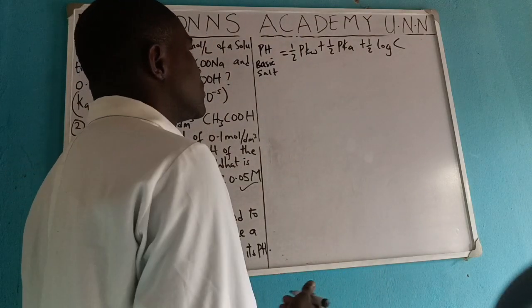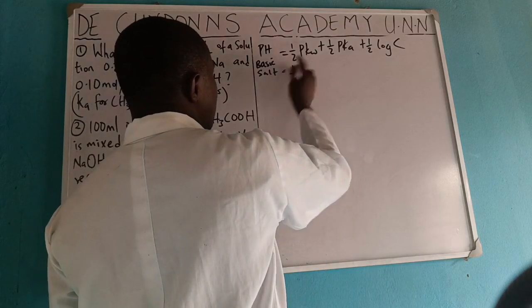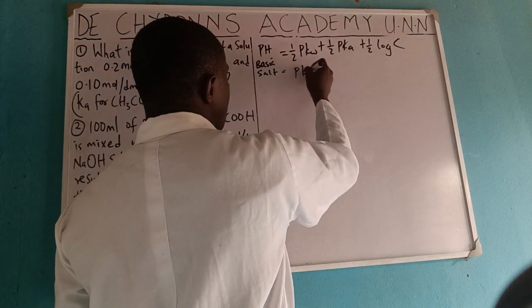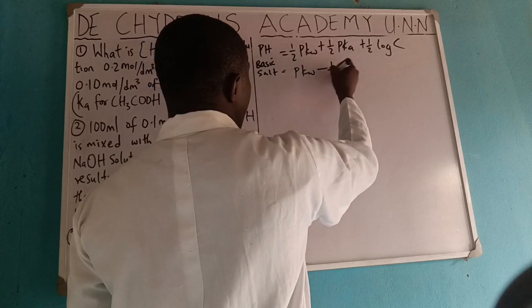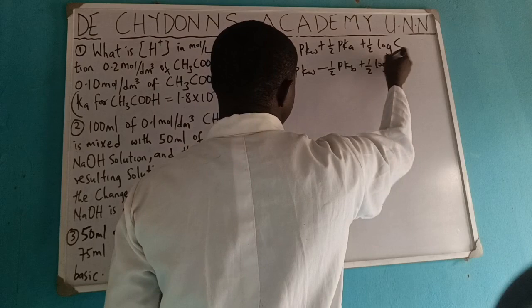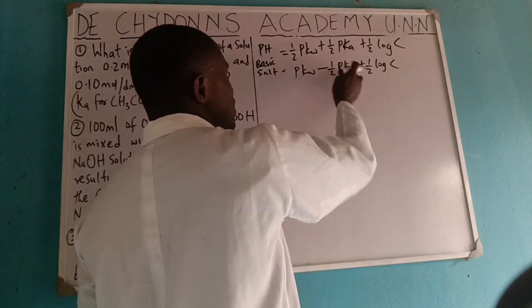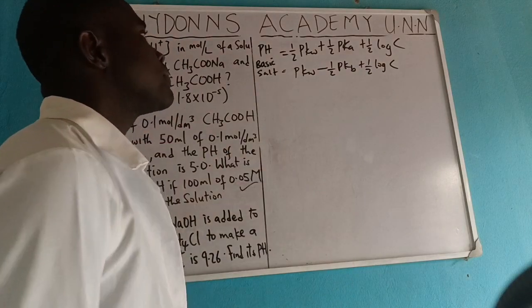Yes, because we had two formulas there: half pKw minus half pKb plus half log C. This is with respect to when pKa is given, and this is with respect to when pKb is given.